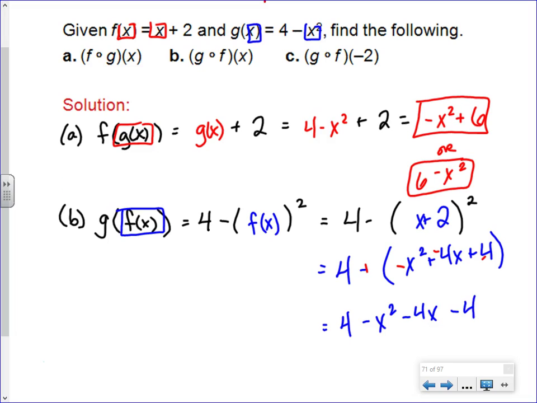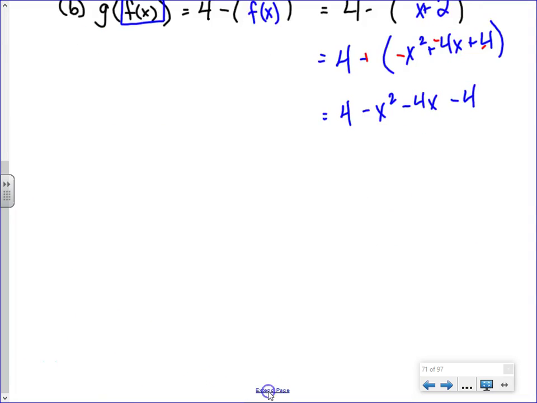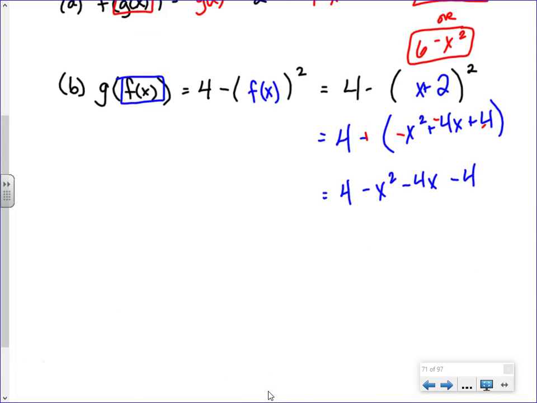Then you could have simplified: there's a 4 on the first, there's a 4 at the last. What's 4 minus 4? 0. And so all you are left with is negative x squared minus 4x. Could you pull out a negative x and factor and do snazzy things? Yeah, sure, of course, why not? But that's fully simplified. They didn't say we had to factor, so we can stop.